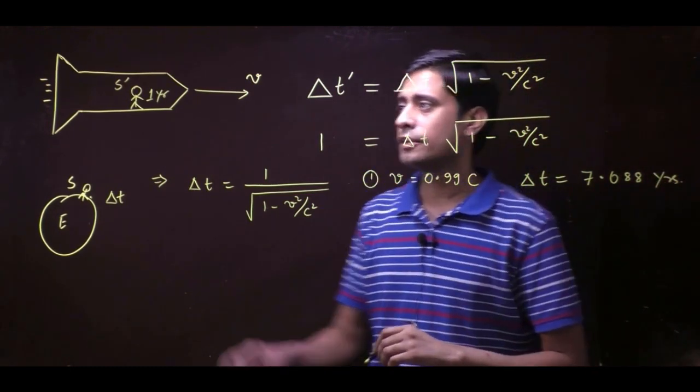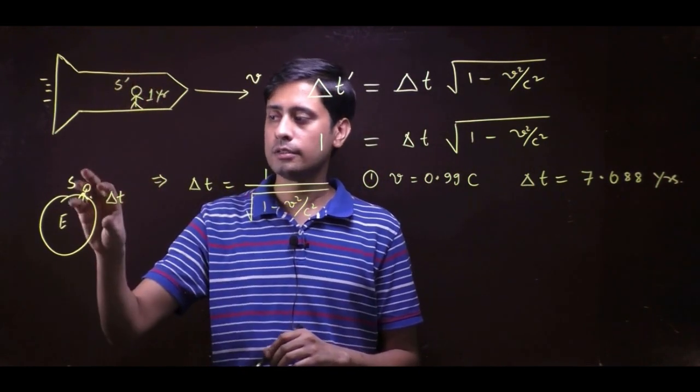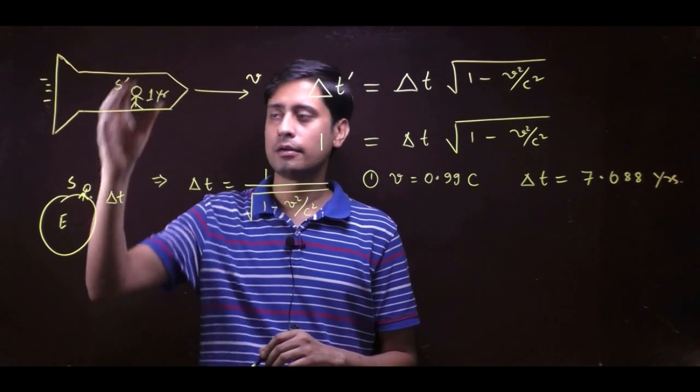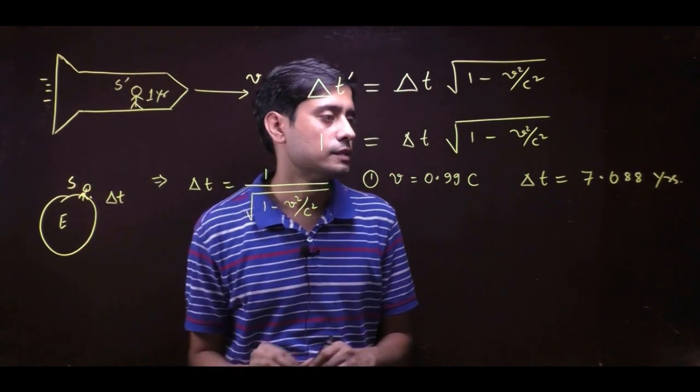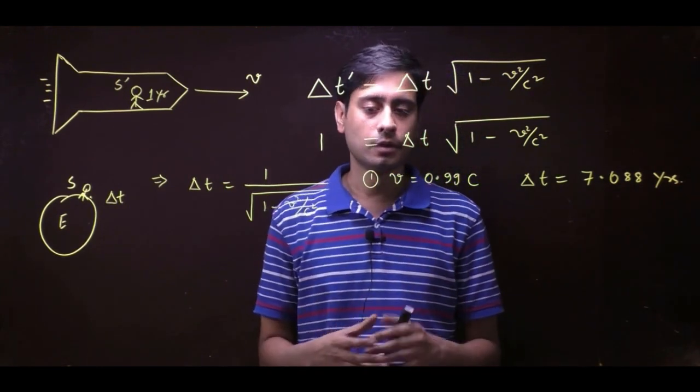So in the spaceship the time elapsed is 1 year, but the observer on Earth, when he returns, will find that approximately 7 years have elapsed.